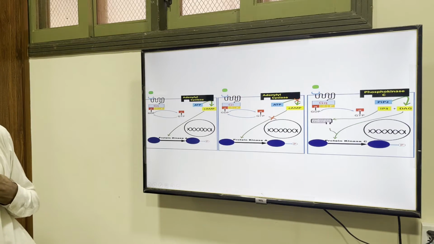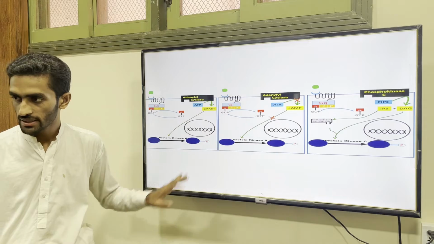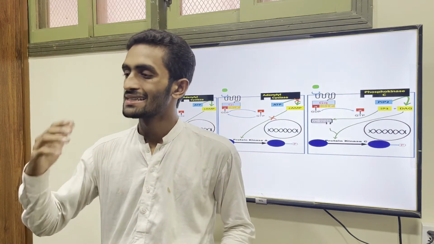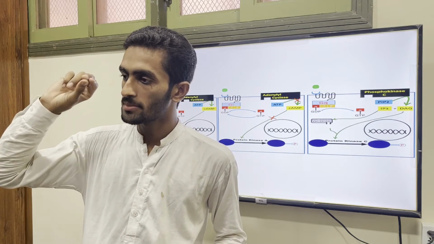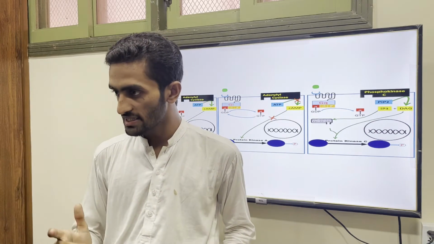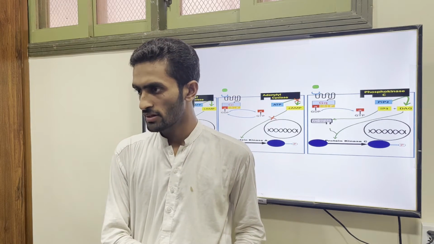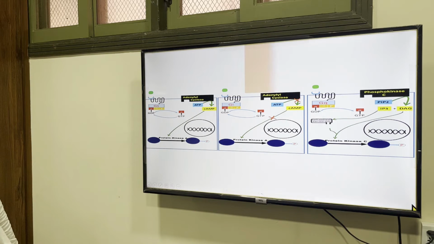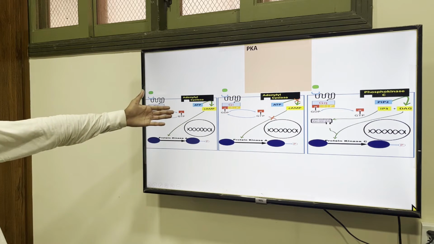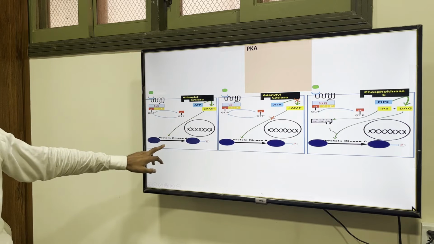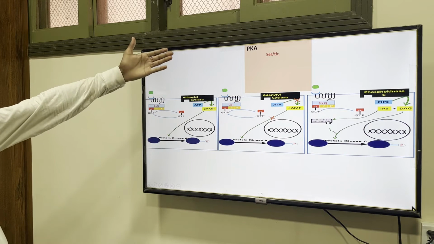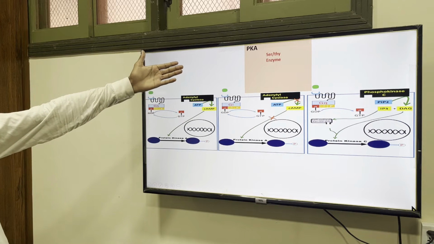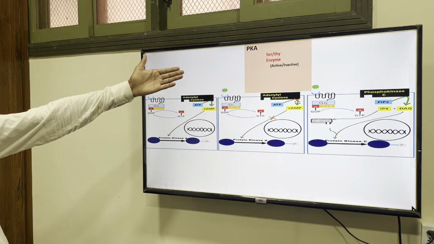Okay. Now we have discussed all these pathways. The next problem is to remember which hormones use the second messenger cyclic AMP and which use the IP3 system. There are some mnemonics I have used. Just follow them, which will help you answer a lot of questions. Before that, the protein kinase: its action is serine-threonine phosphorylation of enzymes.